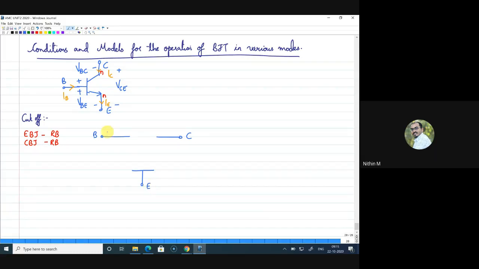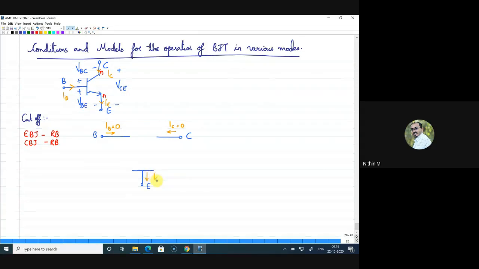That means I can definitely say all the currents flowing here are 0. So this is IB, which is equal to 0. Now this current IC is also equal to 0. If both are 0, then there is no need to actually talk about IE, right? IE is definitely 0.